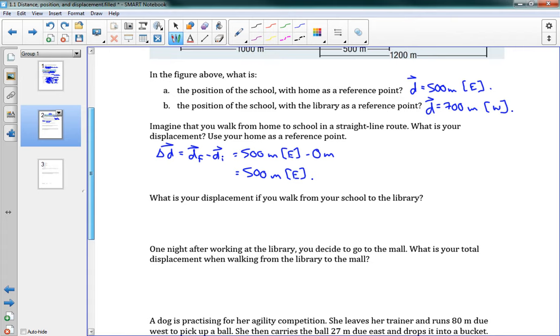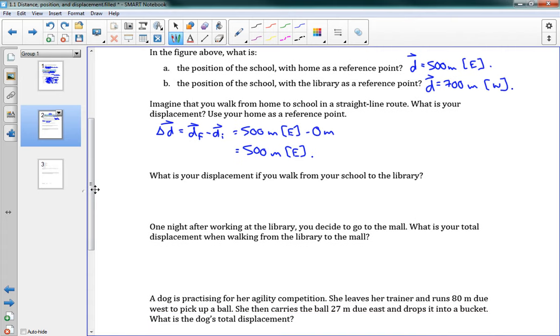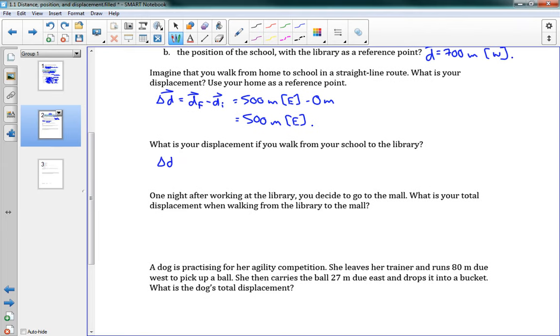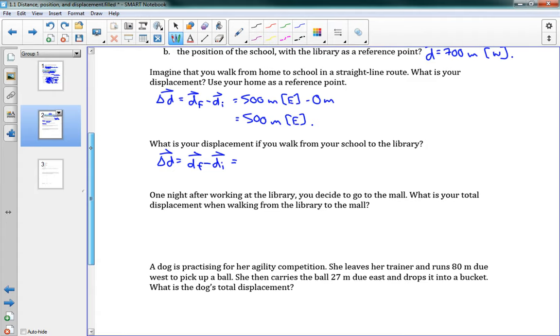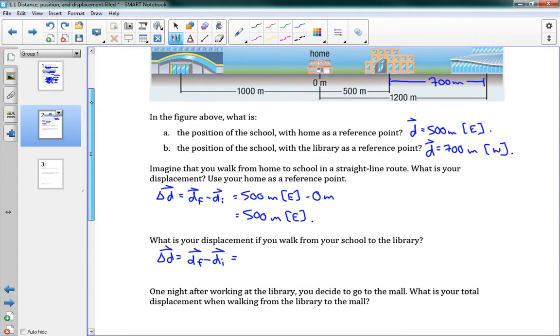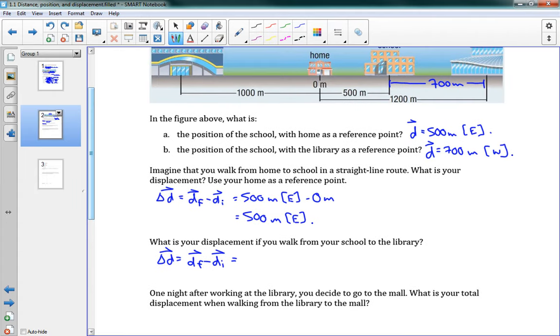Now, the next problem, we're going to look at the same idea, but different values. What is your displacement if you walk from your school to the library? Again, displacement equals df minus di. And now we take the position of our library. That's our final position. And we know that that's 1,200 meters from home.